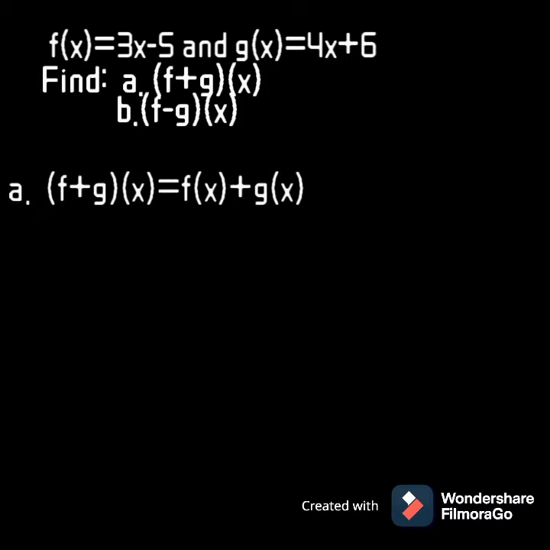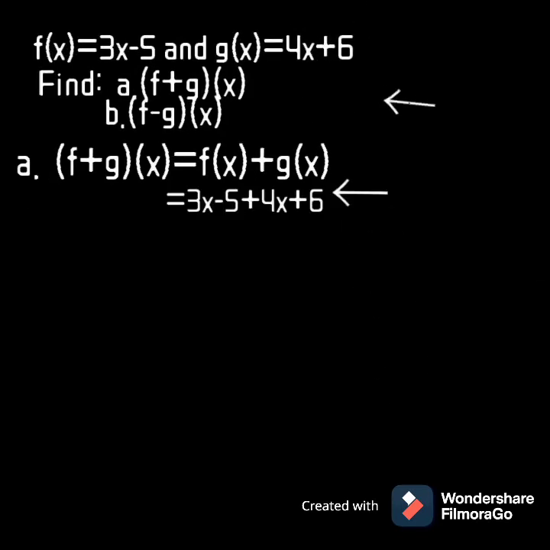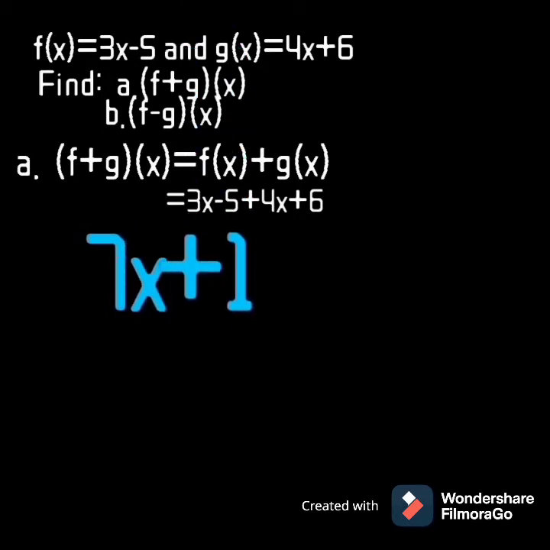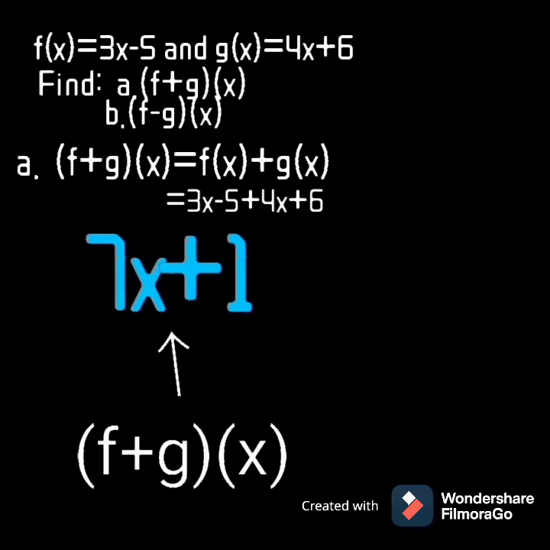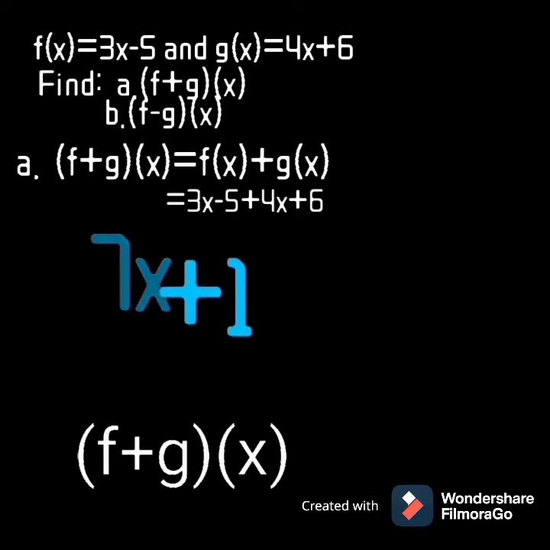We're just going to substitute. So 3x minus 5 plus 4x plus 6. Then after substitution, we need to combine like terms. So 3x plus 4x, that is 7x. Then negative 5 plus 6 is equals to positive 1. So the quantity of f plus g of x is equals to 7x plus 1.